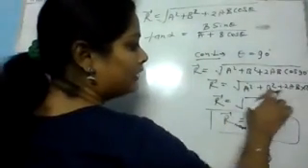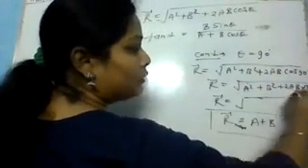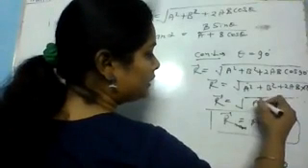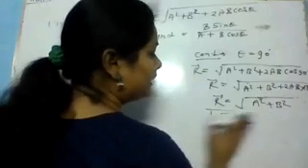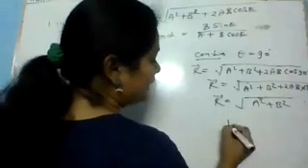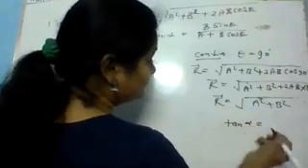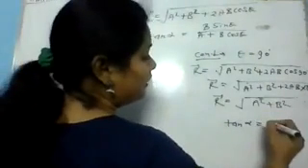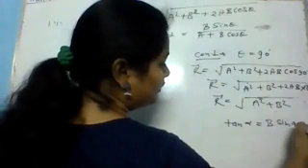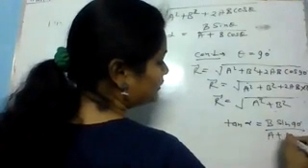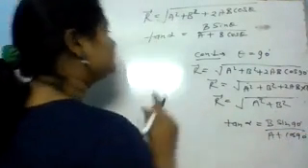Now come here. This term will be deleted, 2AB into 0. So your resultant in this case is the root of A square plus B square. And what is the direction? Tan alpha equals B sin 90 upon A plus B cos 90.